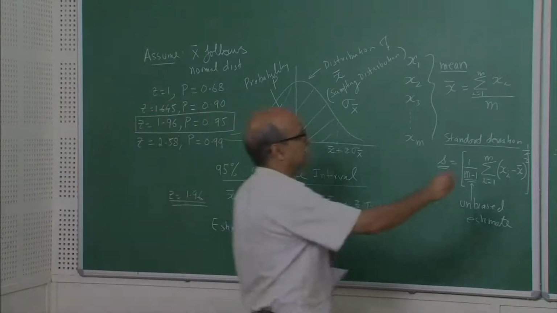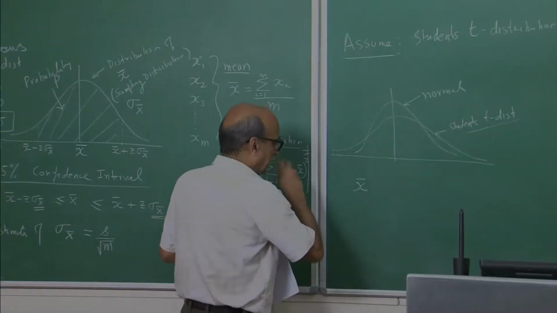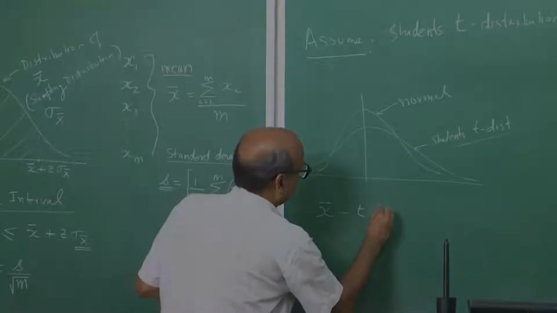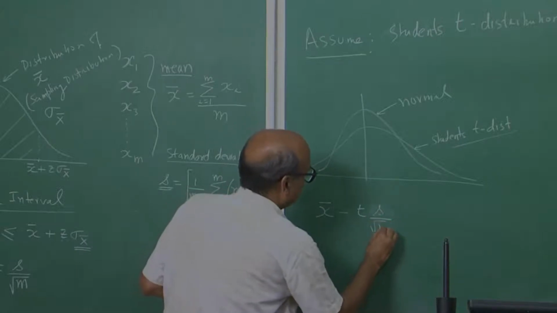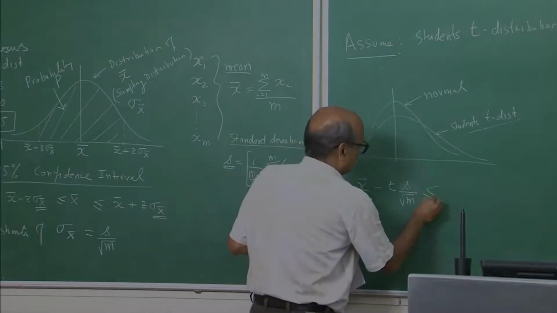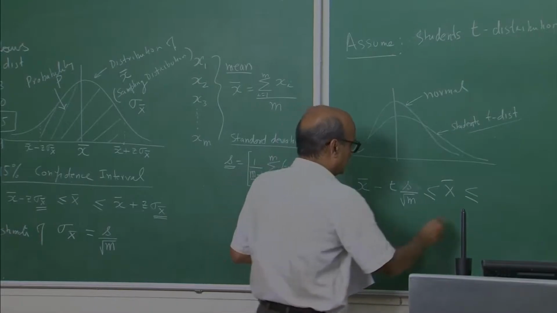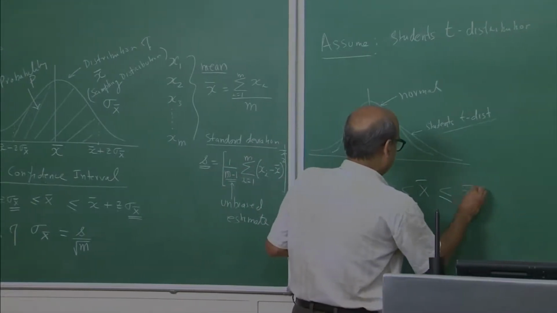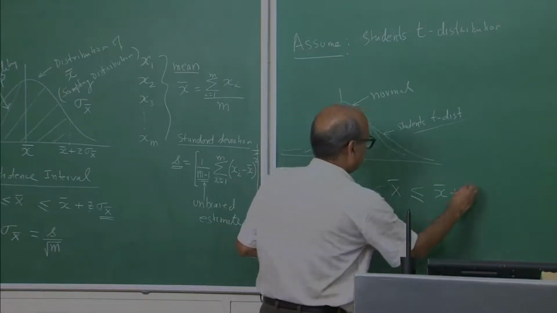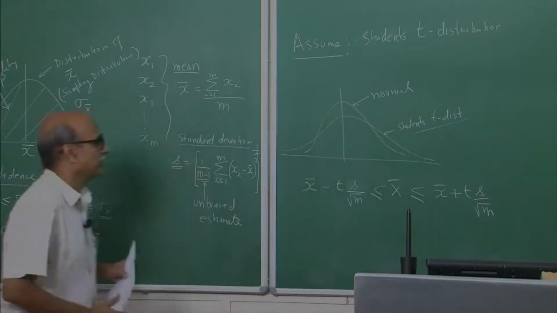Therefore, in this case the confidence interval would become x bar minus t times s over square root m, less than or equal to the mean of my population, less than or equal to x bar plus t times s over square root m.